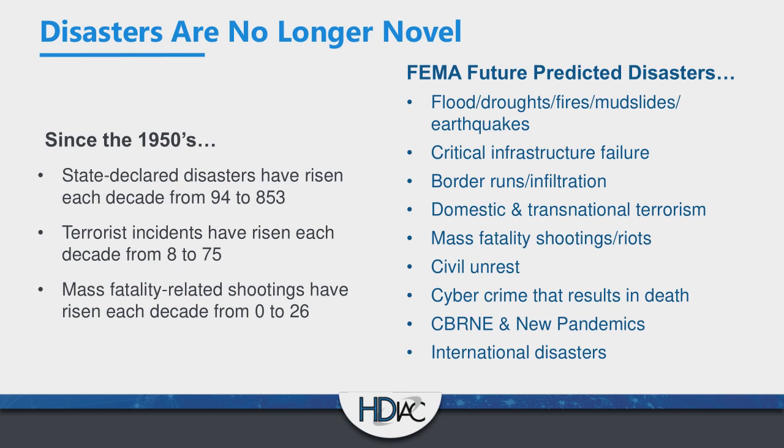But in addition to that, they identified critical infrastructure failure, border runs and infiltration, domestic and transnational terrorism, mass fatality shootings and riots, civil unrest, cybercrime that results in death, new pandemics, and international disasters. If they ever got that last list right, they did this time around.